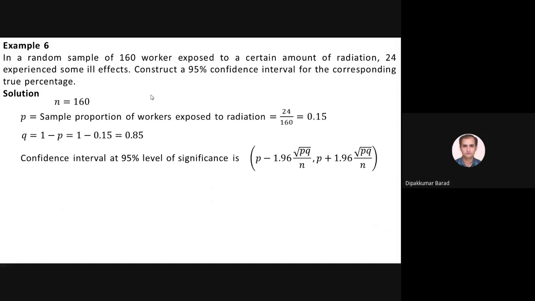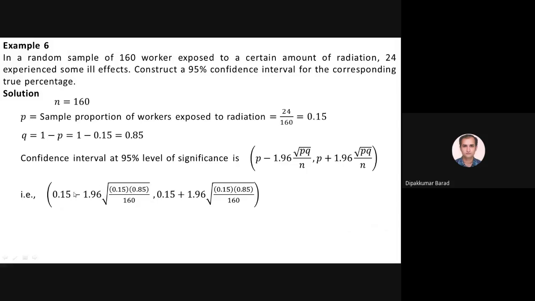Now you already know small p, small q, and n. So you can put these values in this interval and you get the confidence interval at 95%. So if we put small p: 0.15 minus 1.96 under root, small p is 0.15, small q is 0.85, upon 160, and now instead of minus here we have plus, and all other quantities are the same. So 0.15 plus 1.96 under root 0.15 times 0.85 upon 160.